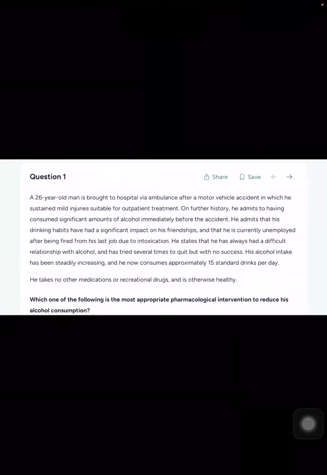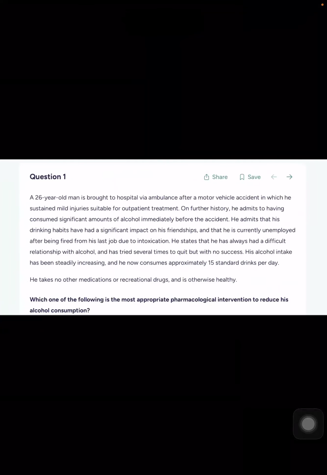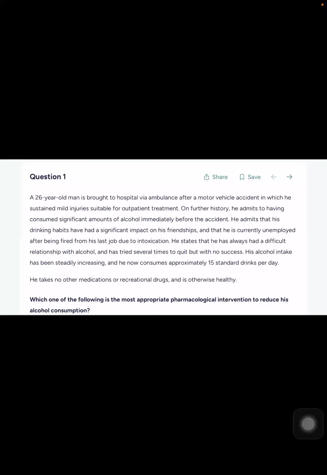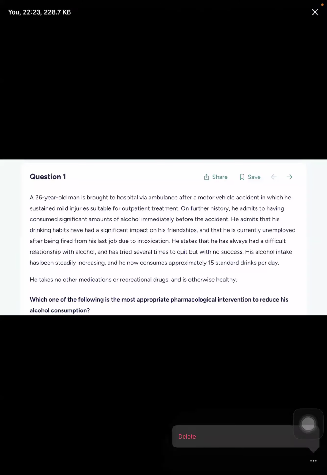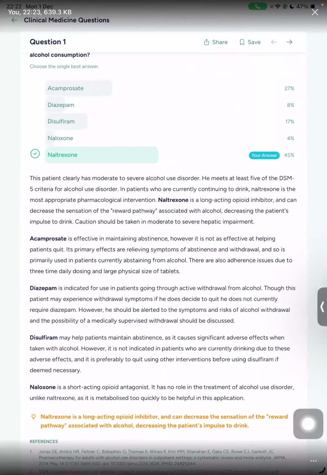We can give naltrexone. I'll send the other questions as well, because in some questions they are asking what the initial one is, and they give something about motivational intervention.